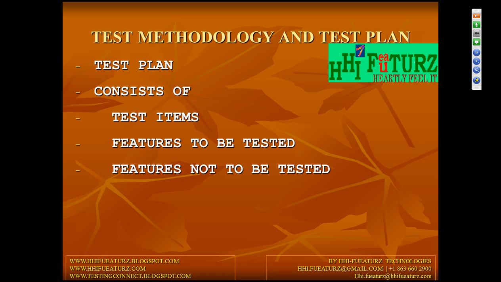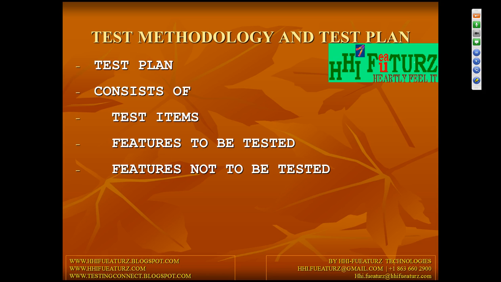But some features, let us assume, the client doesn't want immediately. Another example: in your bug reporting, you will get one status called deferred. When you give a bug the status deferred, the developer has accepted it as a bug, but the client doesn't want that feature immediately. After 6 months or 1 year, he wants it. At that time, if you fix that bug, it would be good, right?